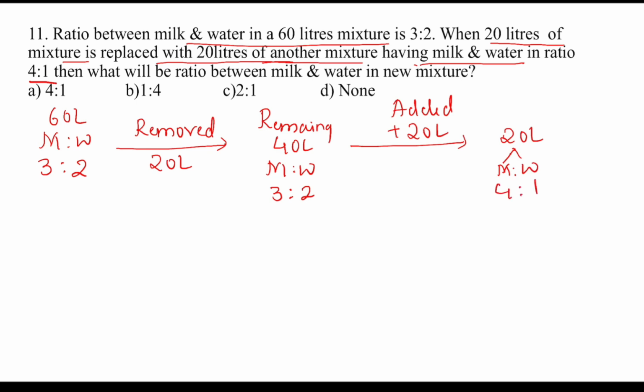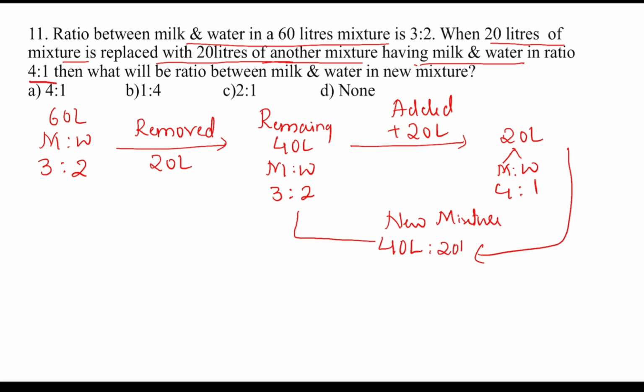So that means the new mixture will have 40 liters of this mixture and 20 liters of this mixture, isn't it? 40 liters of this and 20 liters of this. So the new mixture will have this in the ratio 2:1. So this is the new mixture.